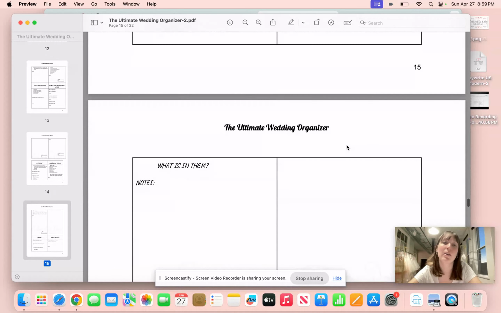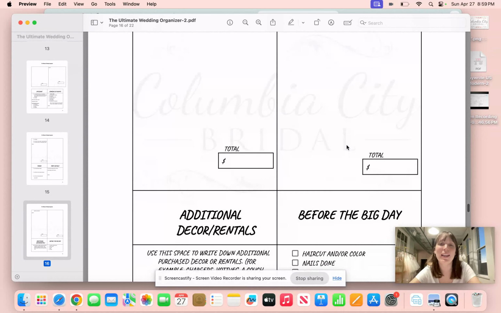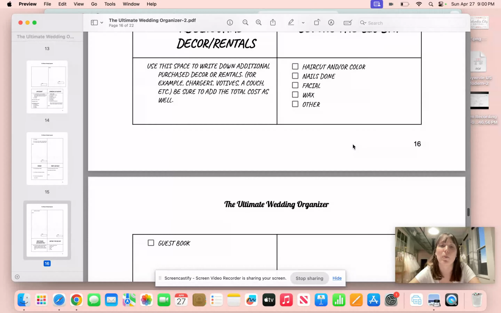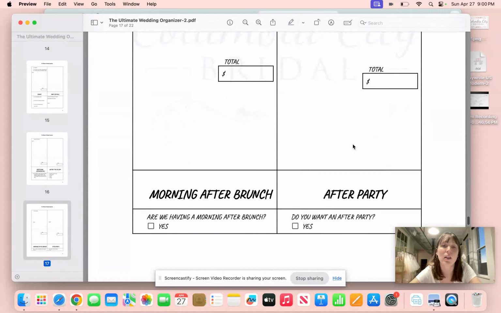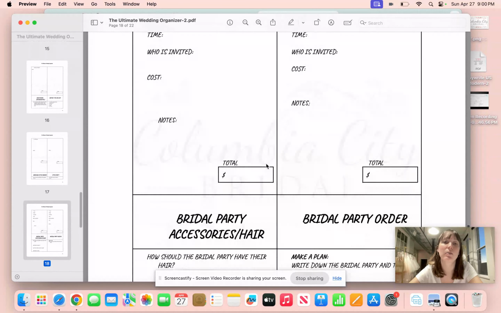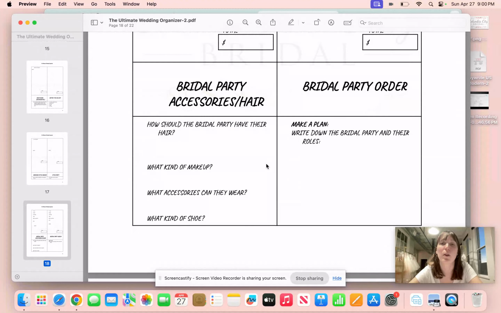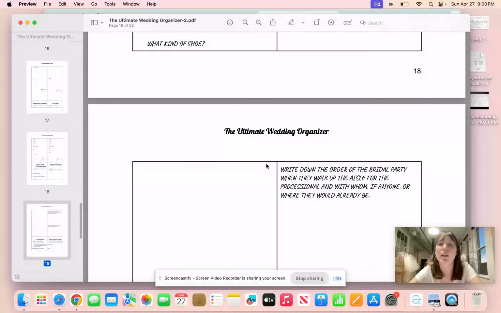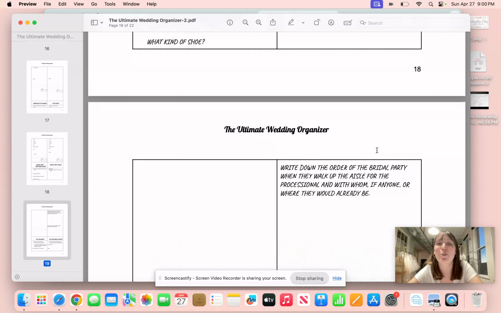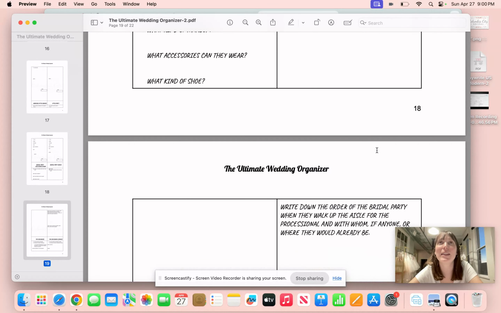Party details. If you are somebody that wants an after party, additional decor and rentals before the big day. Morning after brunch, if you want that after party. Bridal party order. One thing as a wedding planner, the groomsmen and the bridesmaids were always confused.